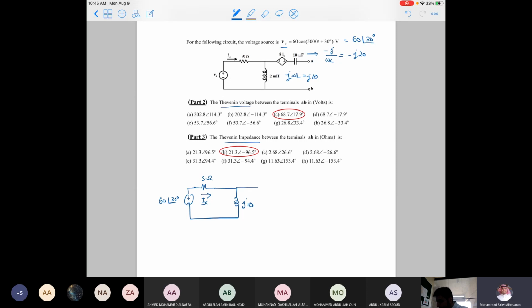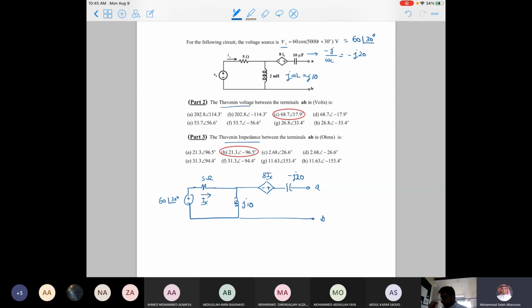I have a dependent voltage source. The value of that is 8 multiplied by IX. We know IX is this current. And I have a capacitor with impedance minus J20. This is A, this is B.